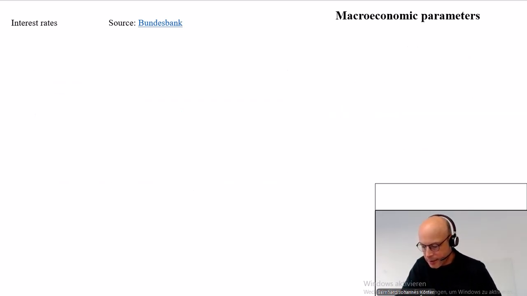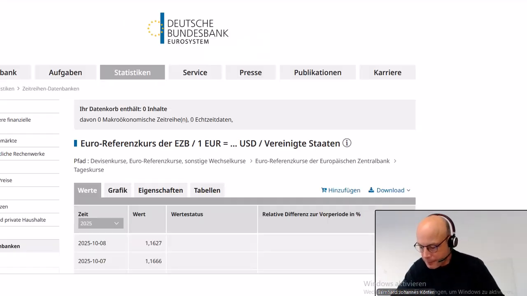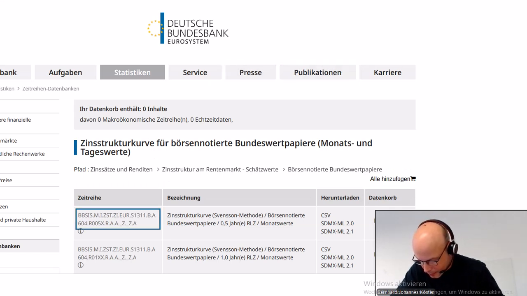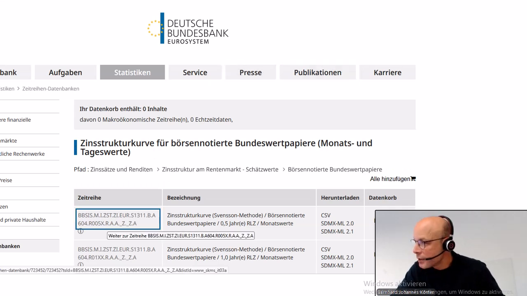Then interest rates. For this, you have learned that as a benchmark for the interest rate level of a country, in general we look at the 10-year government bond.